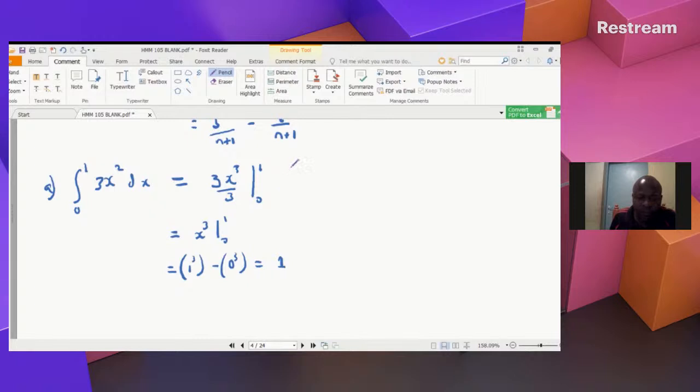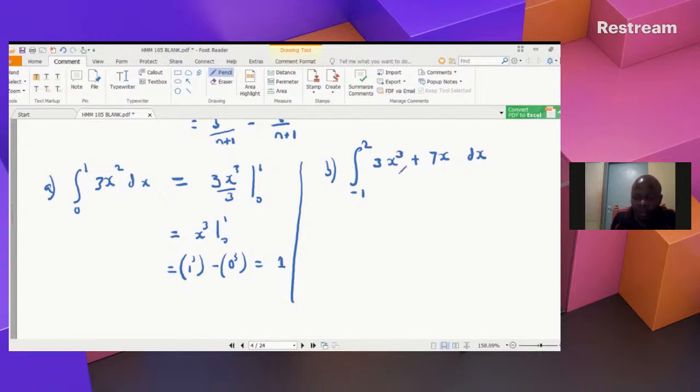And let's look at another example. So I'm doing the integral of 3x cubed plus 7x dx from -1 to 2.